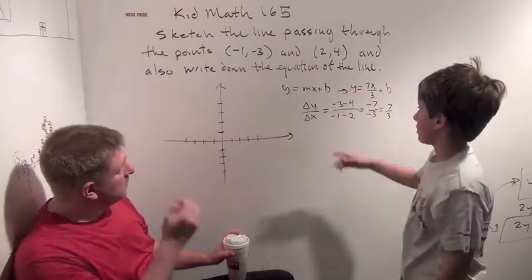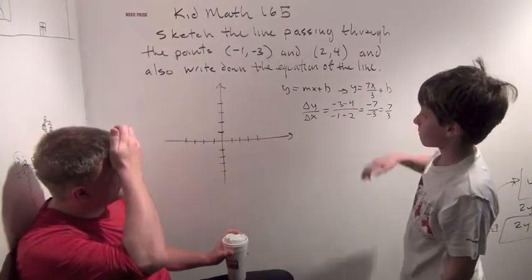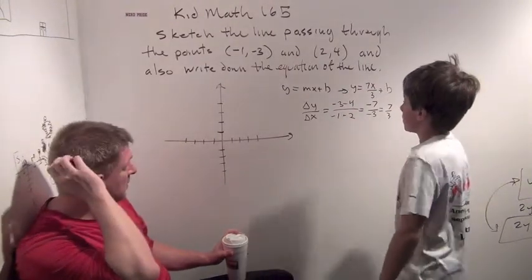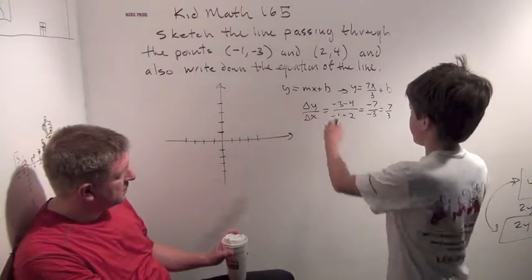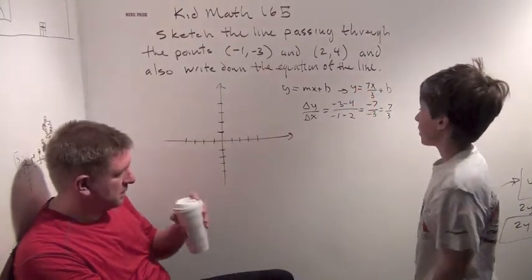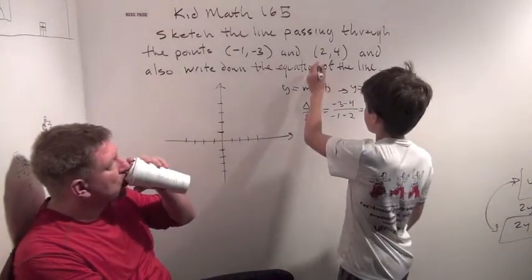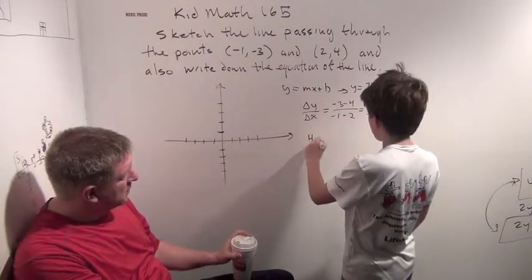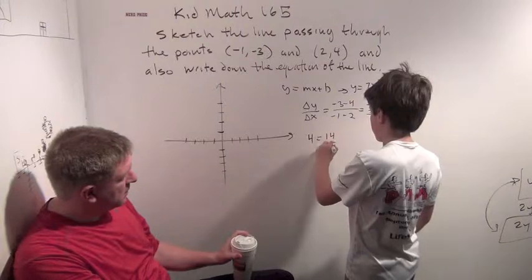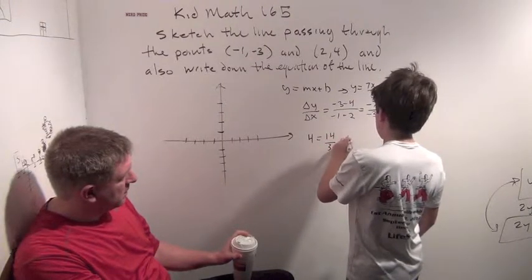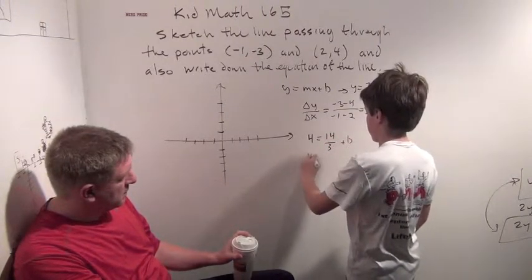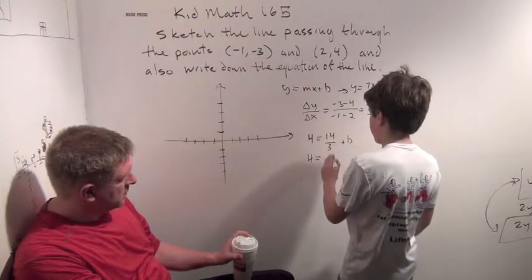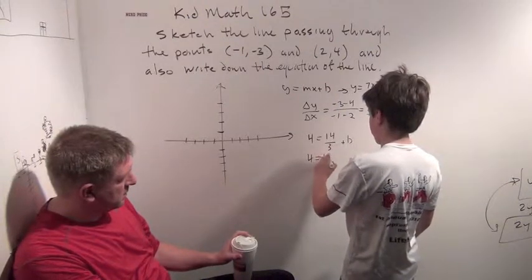Now we have to find the y-intercept. So we can plug one of these points into our equation. I'll use this one. So 4 is 14/3 plus b. I'll just put this in mixed number form.